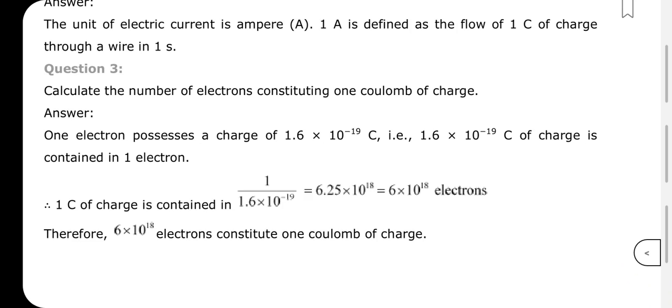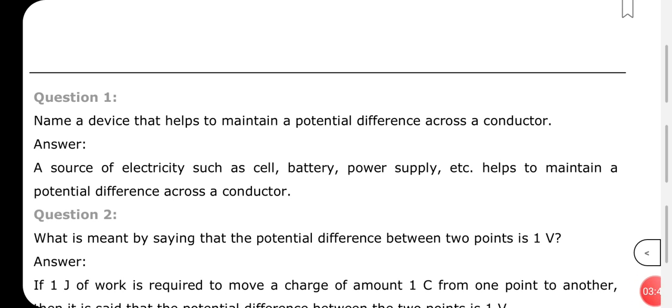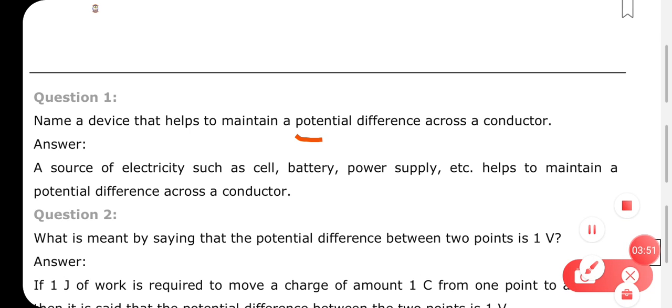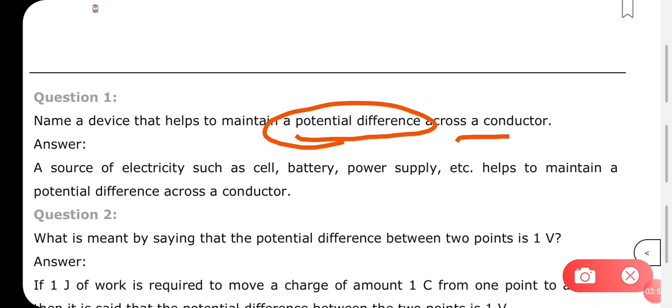Now in the next question it is asked to name a device that helps to maintain a potential difference across a conductor. So using which device can we maintain the potential difference across the conductor? The answer will be a source of electricity such as a cell or a battery, or some other kind of power supply.